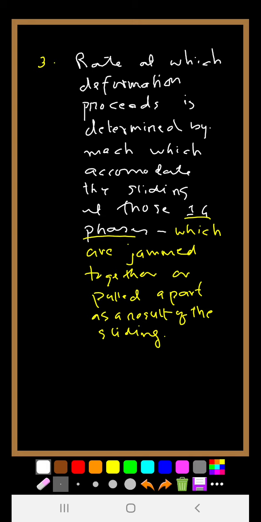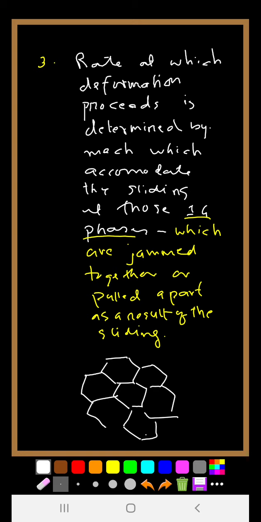So if we draw a diagram of the different grains, we are considering grains to be hexagonal, although they are not, just to make things more clear. So the intergranular phases are, say, found here. These are the intergranular phases. So when we are applying a stress, say, tau in this direction and tau in this direction, there is diffusion taking place.